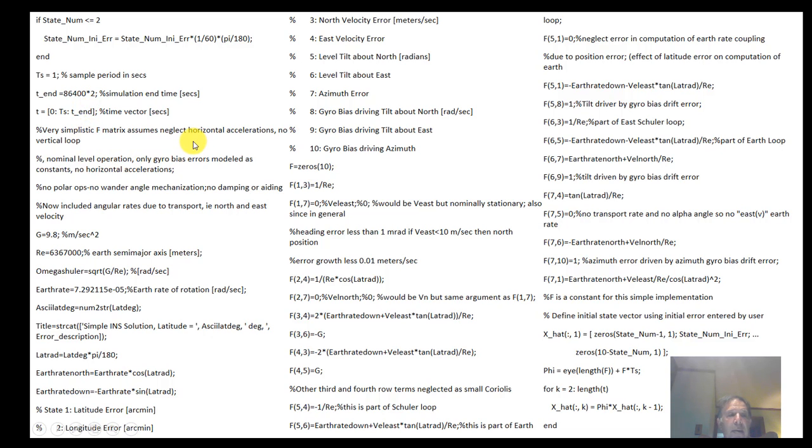Again, we neglect horizontal accelerations, and we neglect the vertical or up-down loop. The only errors we're considering are initial condition errors in latitude, longitude, or the velocities, or the misalignments about north, east, and azimuth, and gyro biases.